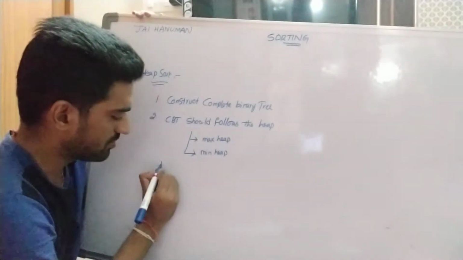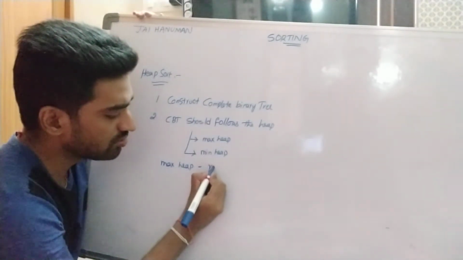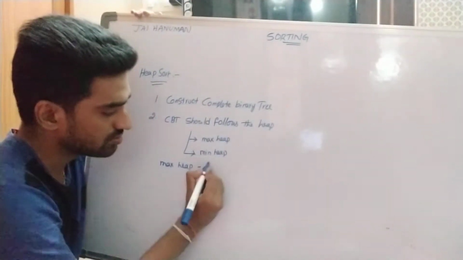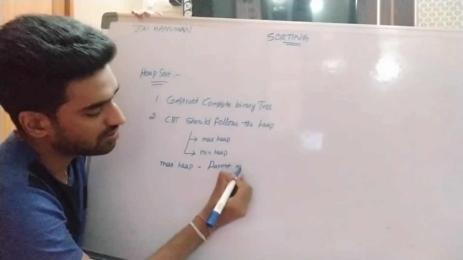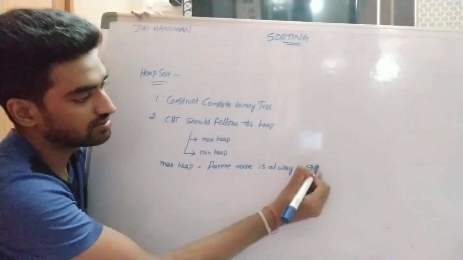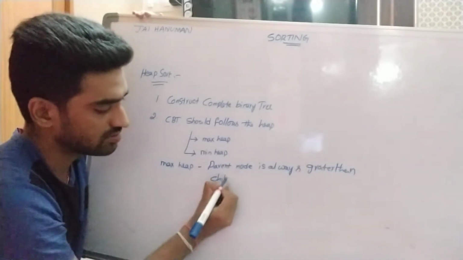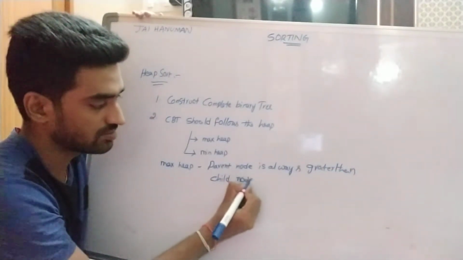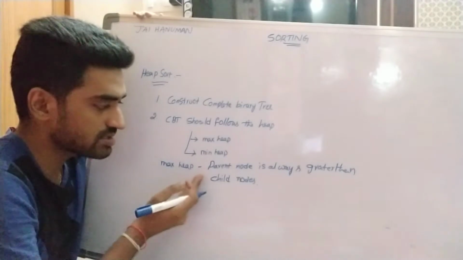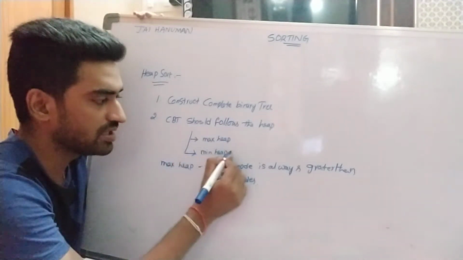Now in max heap, the parent node is always greater than the children nodes, right? What is min heap? That is the reverse. The children node is always greater than the parent node. That is nothing but min heap, right?